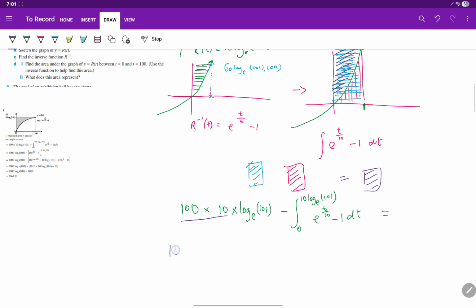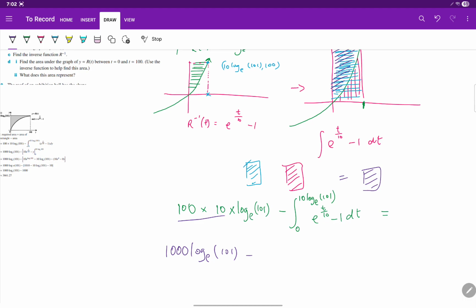So this is going to be 1000 log e 101 subtract e to the power of t over 10. That simplifies to, so 1 on k is k.